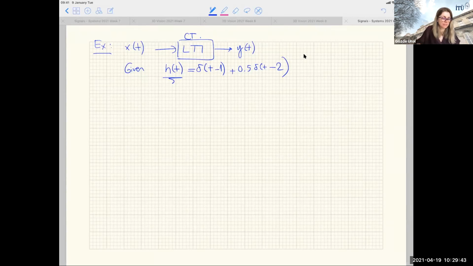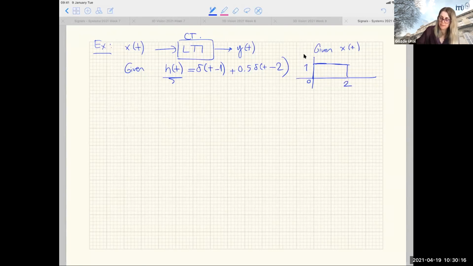Find y, and x(t) is also given. Given x(t), given h(t), it's given in this way, 0 and 2, 1, t.